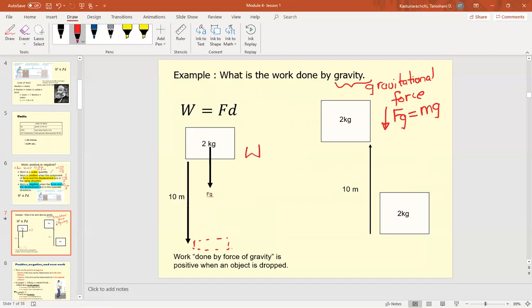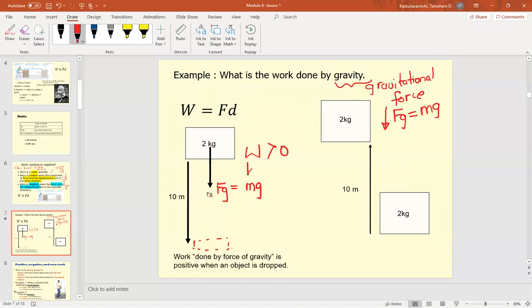Now we know this is the gravitational force Fg. Fg is equal to mg. You can do the math. It goes in the same direction as your gravitational force, so the work done by this gravitational force should be positive, because it is in the same direction. We talked about this in the previous slide.